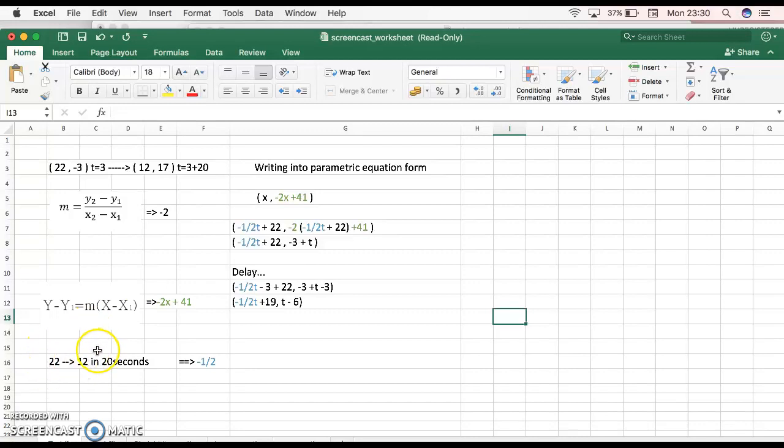Now this position is 10 places away, and that was 20 seconds of time. So that was minus a half because it's going in the negative direction. Now, when we have y as this value, we keep x as its original value. So this is the parametric equation form.